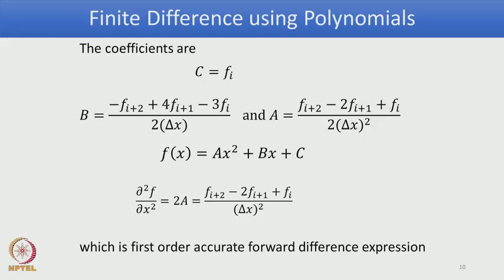And once again we follow the procedure of expanding this function from Taylor series on the left hand side, obtaining the difference formula from Taylor series and comparing the coefficients, then you get an idea of the order of accuracy of the scheme, and in this case it is first order accurate forward difference scheme for the second derivative.